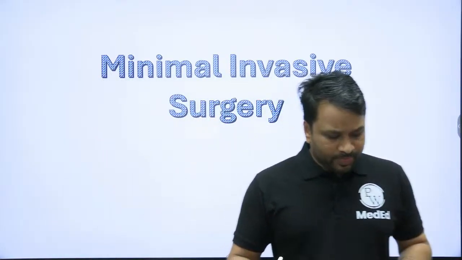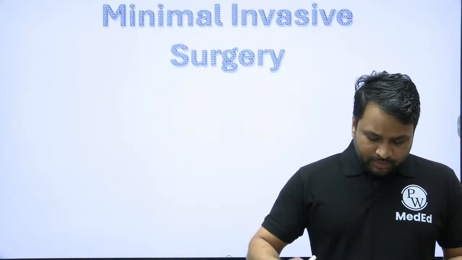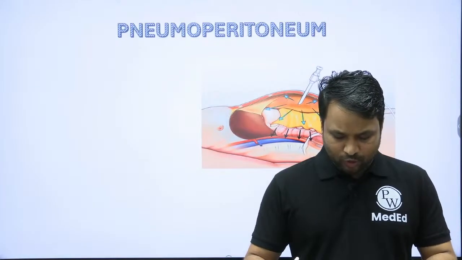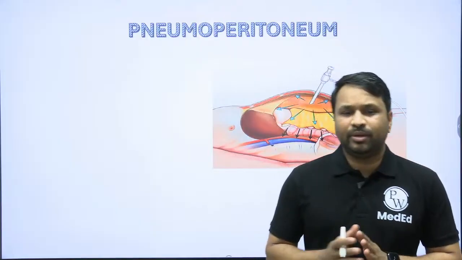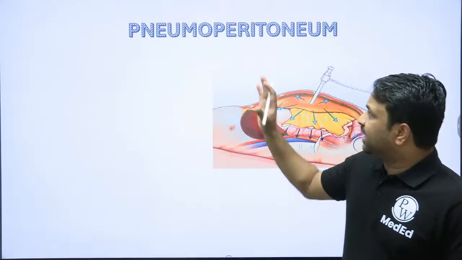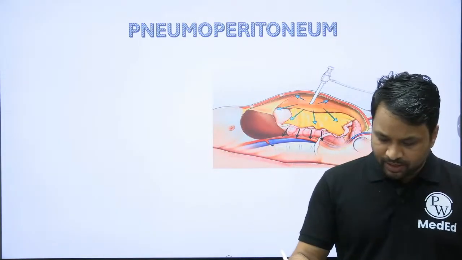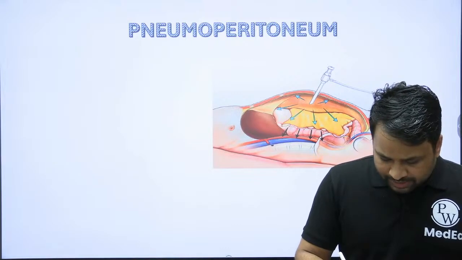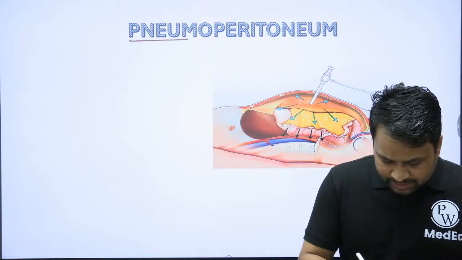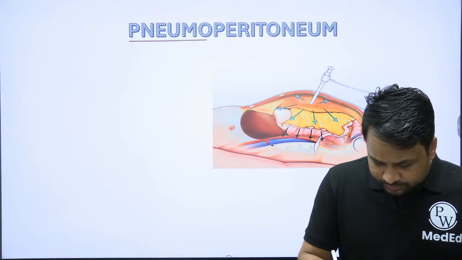Good evening. ठीक है. So in a minimal invasive surgery, we'll talk about various components. The first and the foremost important component in a minimal invasive surgery is to create pneumoperitoneum. ठीक है. तो ये pneumoperitoneum क्या होता है पहले ये देख लेते हैं. The word pneumo basically means कि air. ठीक है.